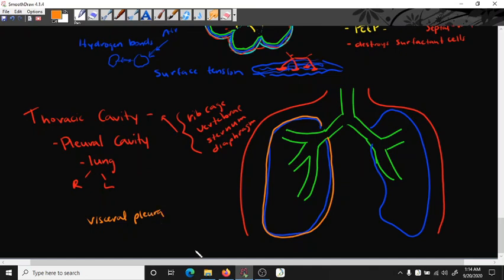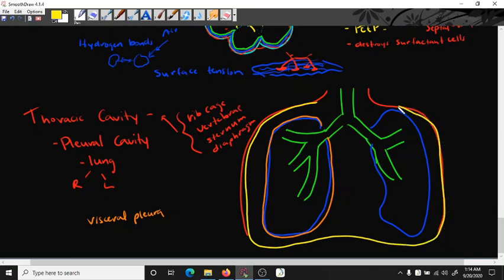Okay. We've also got the parietal pleura, which attaches to the inner wall of the thoracic cavity. It also attaches to the diaphragm.